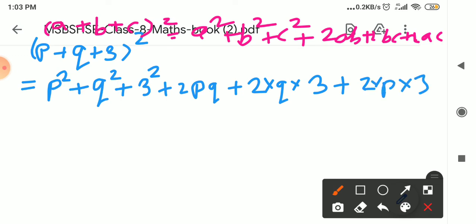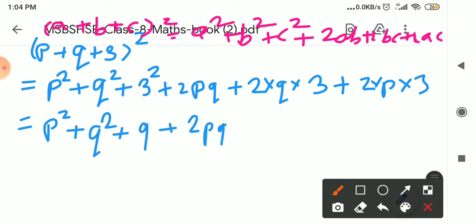Okay, the next step of it is that we have to solve it properly. P square plus Q square, 3 square is 9. 2PQ, right here as it is. Now 2 into 3 is 6 into Q is equal to 6Q. Multiplication in between 2 plus sign. Okay, and now we have to do the multiplication of this, that is 2 into 3 is 6P.